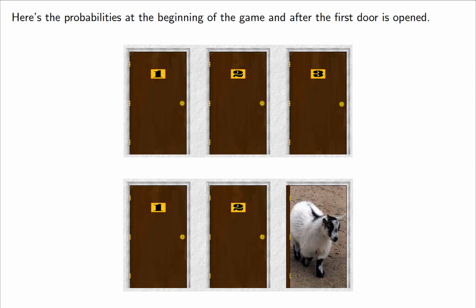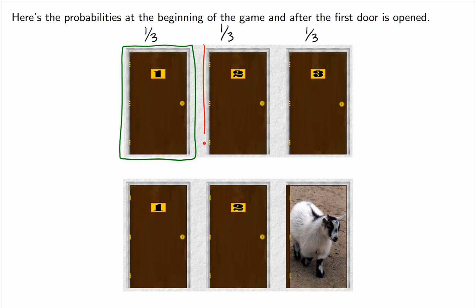At the beginning of the game, this is what happens. You have a 1/3 chance of each door having the car behind it. Let's choose door number 1 to keep this simple. If I choose door number 1, that means my probability of winning would be 1/3, and my probability of losing would be 2/3.